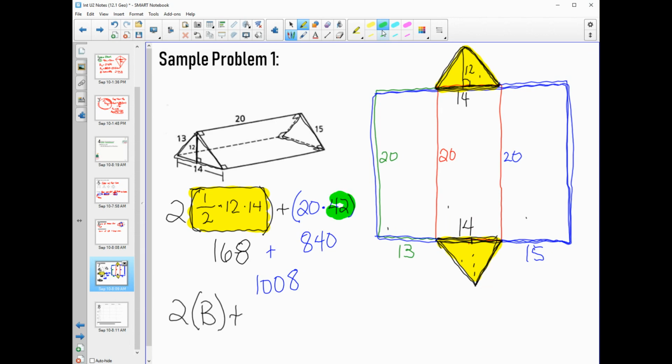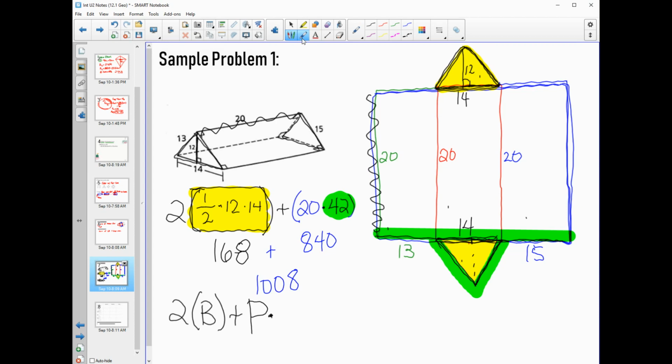The 42 was this total length. Picture wrapping this back up. This length that I highlighted in green is also the perimeter of my base. So we represent that with a capital P. And then this 20 is the height of the prism. That's my total surface area.